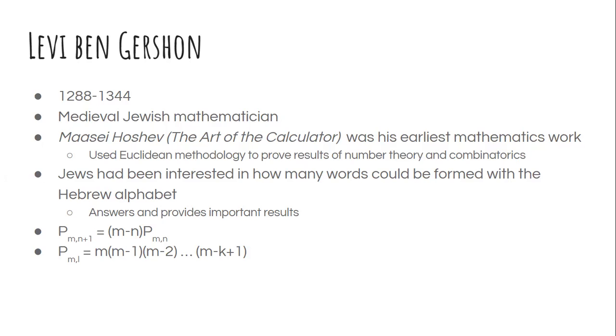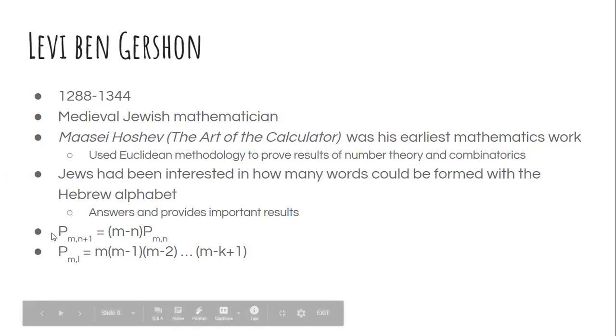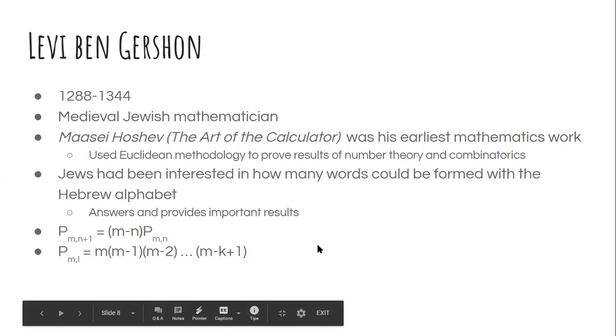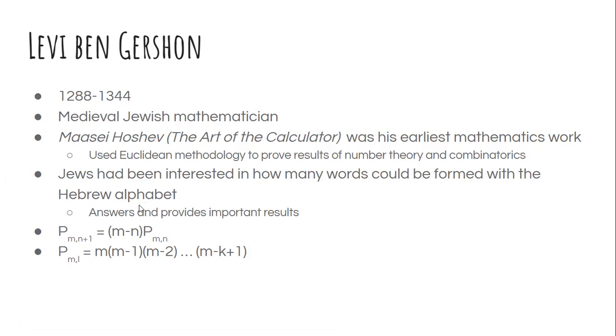Put in more modern terms, the result said that m pick n plus 1, and I'm doing the permutation here, so that's where I'm getting my terminology as well as my source. In our modern terms, these two little formulas down here are what he was getting at, which we now use in our own classes and studies to solve counting and permutation problems.